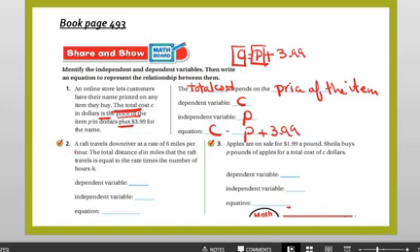Look here, question number 2. A raft travels down river at a rate of 6 miles per hour. This is the speed, rate or speed if you remember. Okay, the speed equals distance over time.